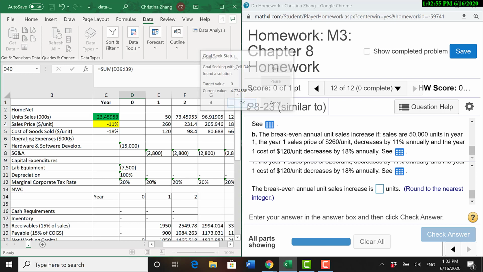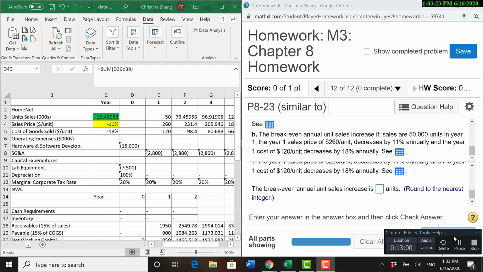All right, so as you can see, it's going to return a value that basically gives you the unit sale increase. So it's going to be 23.46 thousand, right? Unit increase. Okay, so yeah, that's how you solve this problem.